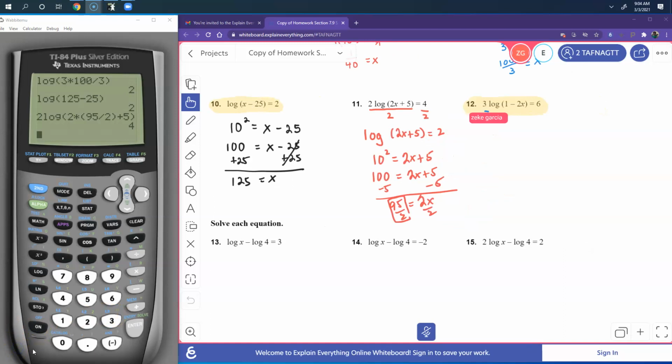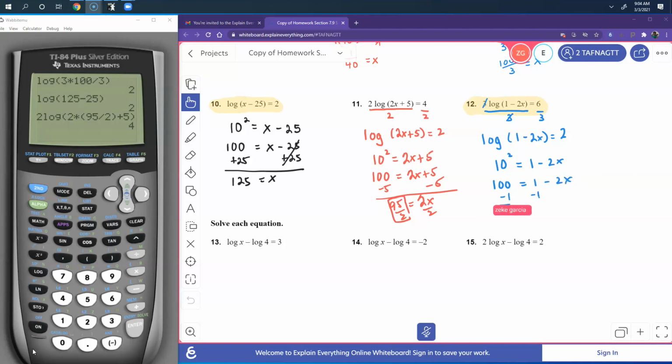So for number 12, you're going to have to divide first by 3. So you have log 1 minus 2x equals 6 divided by 3 is 2. Remember the 3's cancel. 6 divided by 3 is 2. So we're going to convert to its inverse. 10 squared is equal to 1 minus 2x. So we have 100 equals 1 minus 2x.